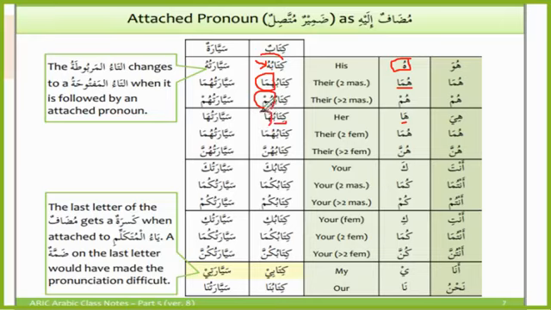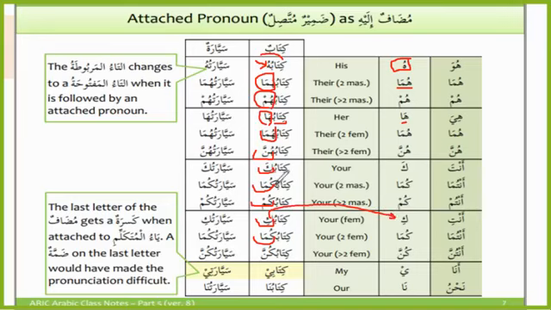You see it right there? Kitabuha. And huma, there it is. Right? Hunna, there it is. You see it? Kitabuka, you're adding this. Kitabukuma, there it is. Kitabukum, there it is. Kitabuki, there it is. So remember, all these, they're just this.